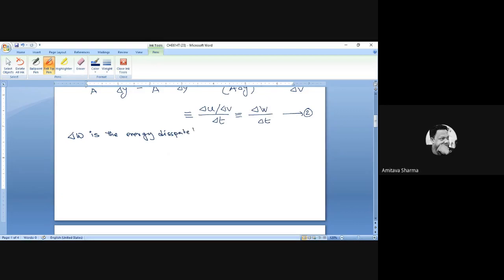Dissipated per unit volume. Okay, so equation 1, how can it be written?